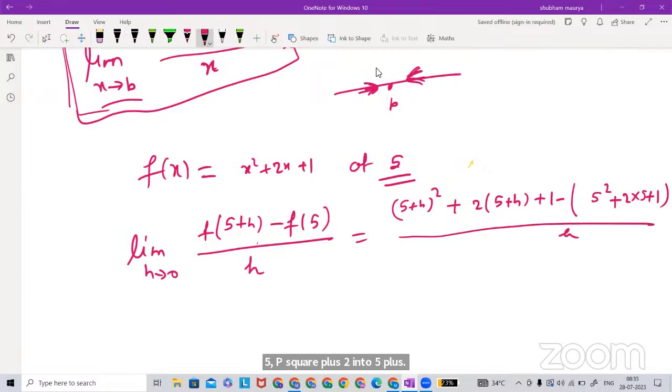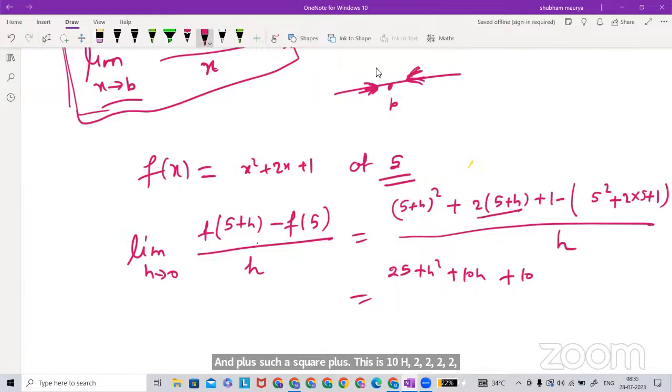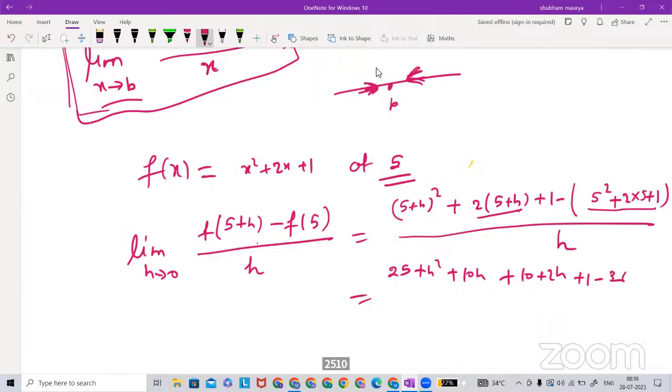Let's expand: 5 square is 25, plus h square plus 10h, that is 2 into h into 5, and this is 10 plus 2h plus 1, minus 25, 10, 35, 1, 36, upon h.